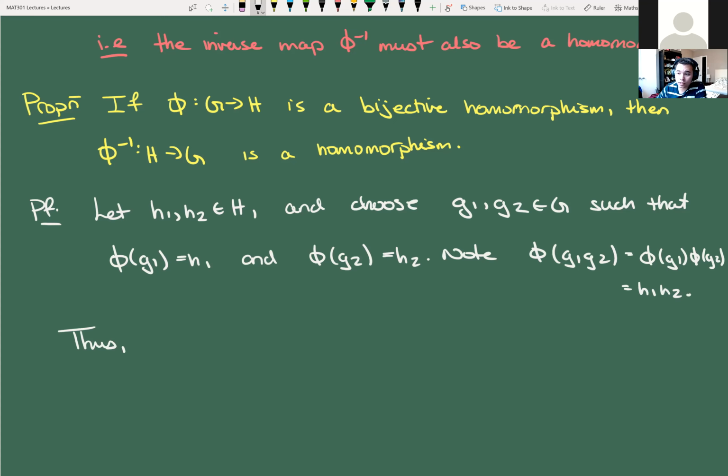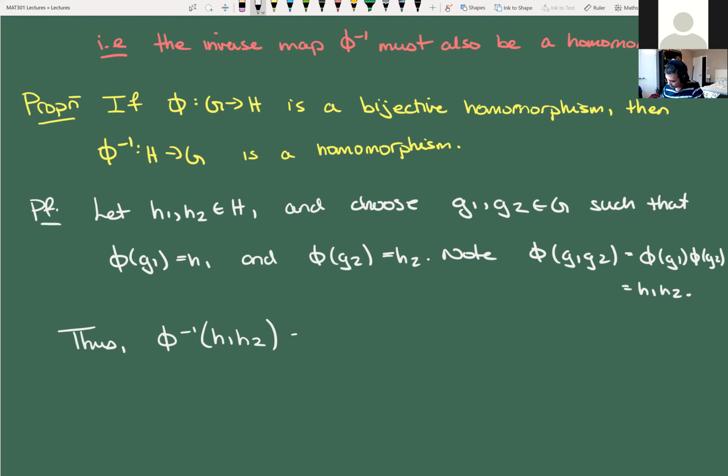Okay, now it's easy to lose the forest for the trees. What are we actually trying to show? Well, we're trying to show that phi inverse is a homomorphism. Namely, I'm trying to show that phi inverse of H1 H2 is phi inverse H1 times phi inverse H2.